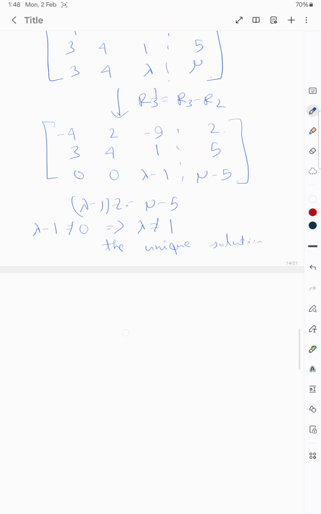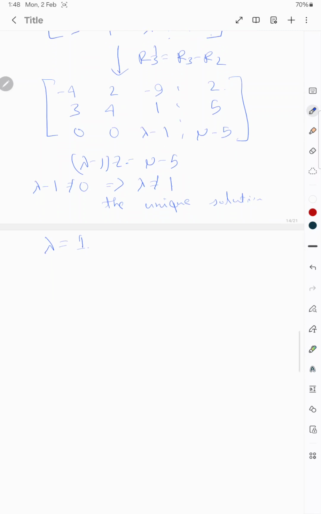Okay, now next case, what happens if your lambda equals 1? So lambda equal to 1, then you see that this side will be totally 0. Now for this one you will have 0 into z equal to mu minus 5, right? So lambda equal to 1, then you have two cases. If mu equal to 5, then you have an infinite number of solutions.